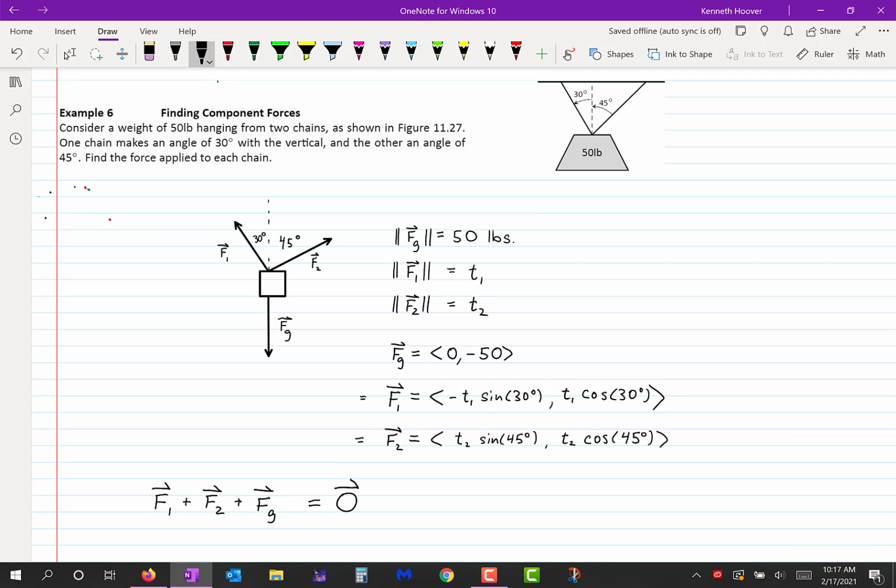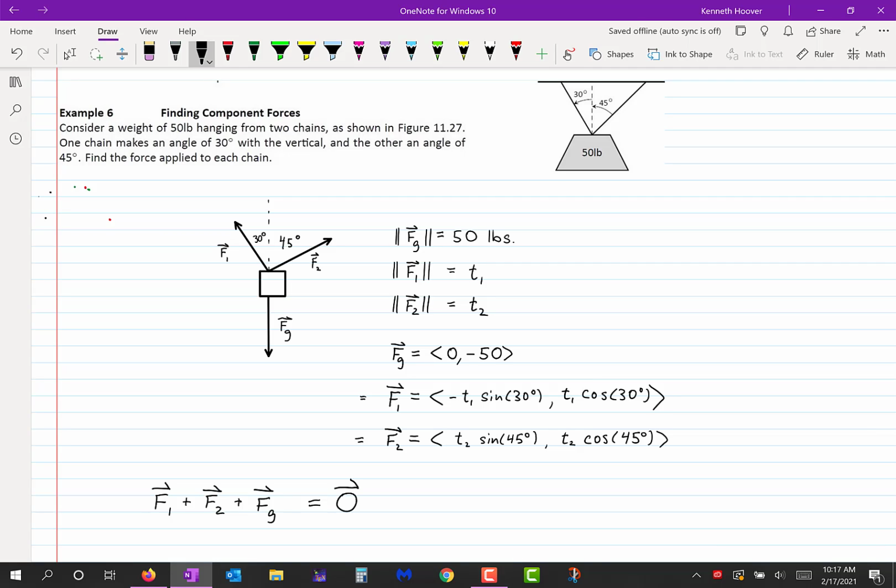We have a mass there, but it's hanging still, which means it's not accelerating. Force equals mass times acceleration. If the acceleration is 0, then that means the force has to be 0.